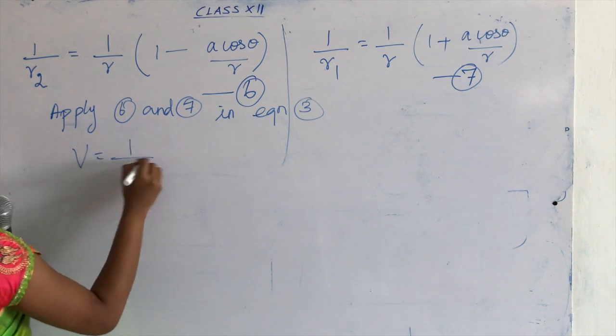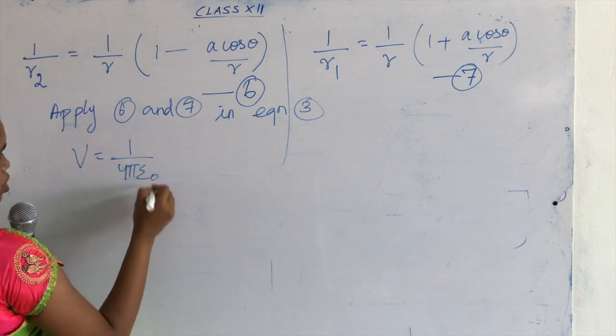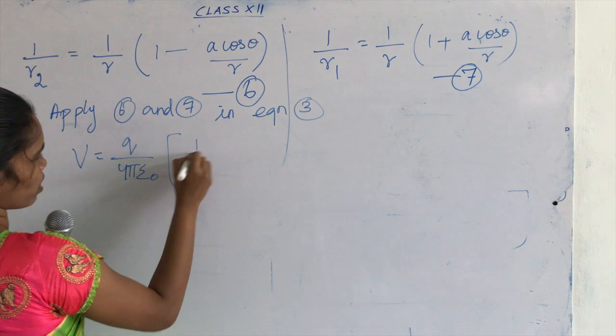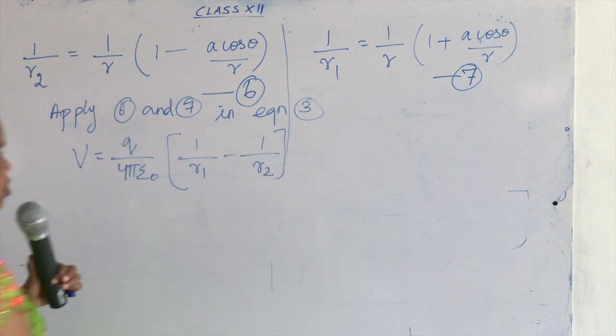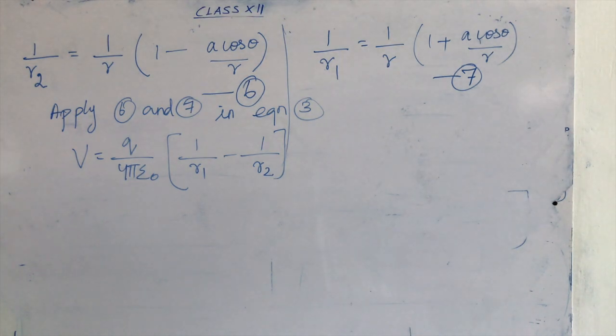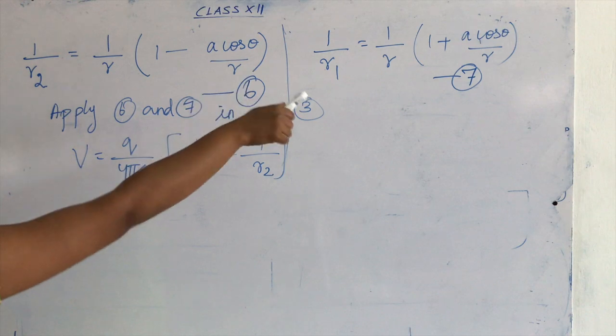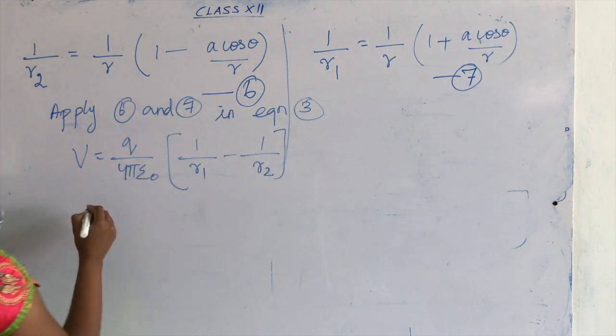V equal to 1 by 4 pi epsilon 0 q by, okay, 1 by R1 minus 1 by R2. This is the equation 3. Now, apply these two equations in this one.